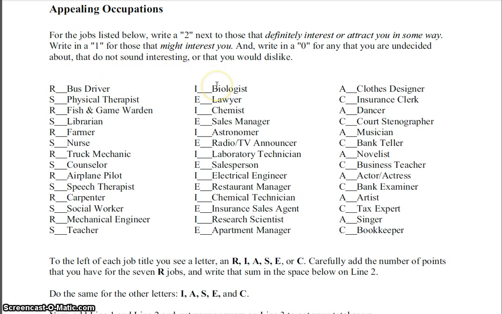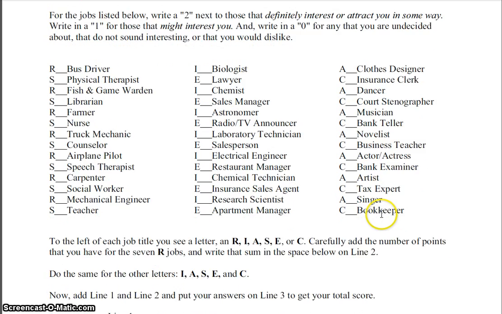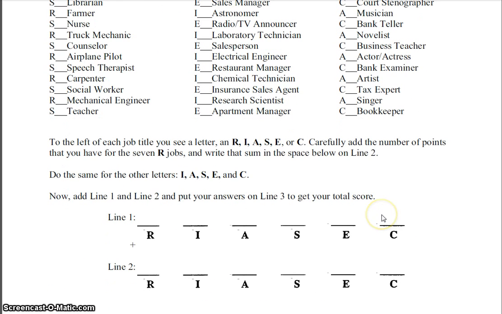Then in column 2, you will add up the numbers next to each line that has an I next to it, and then add up all of the numbers next to the line that has an E next to it. Then you follow that process in column 3, add up all the numbers on the lines with an A to the left of it, and then add up all the numbers on the line with a C next to it. You will transfer these totals to the bottom of this page.